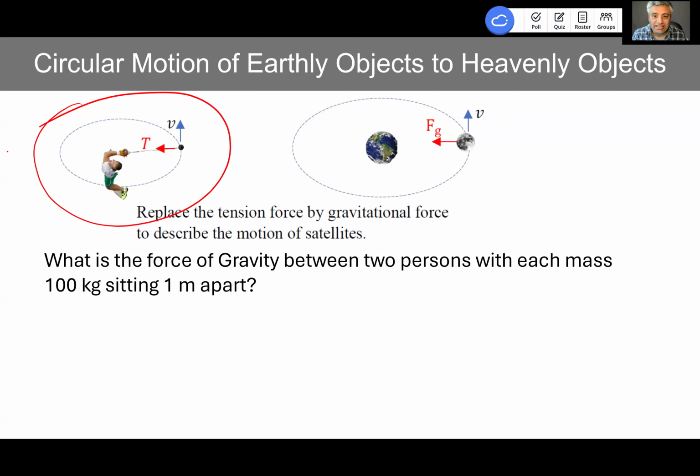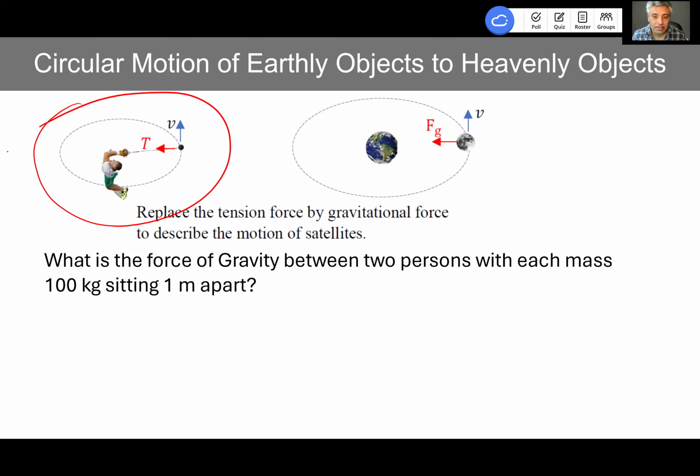So whenever we see something moving in a circle, there must be at least a force acting towards the center. Okay. And here what we see is the moon going around the earth. So that means there must be a force acting towards the center of the circular path of the moon.